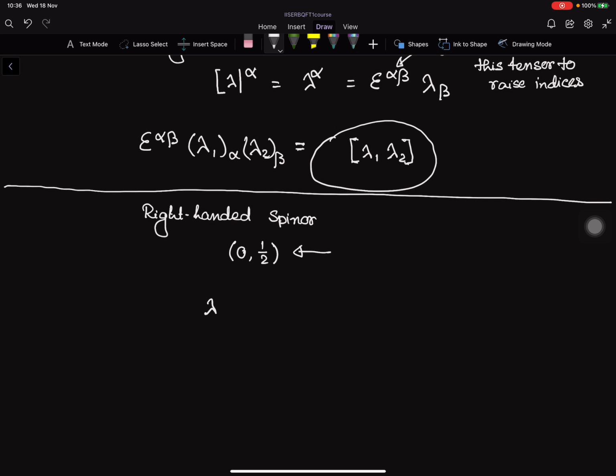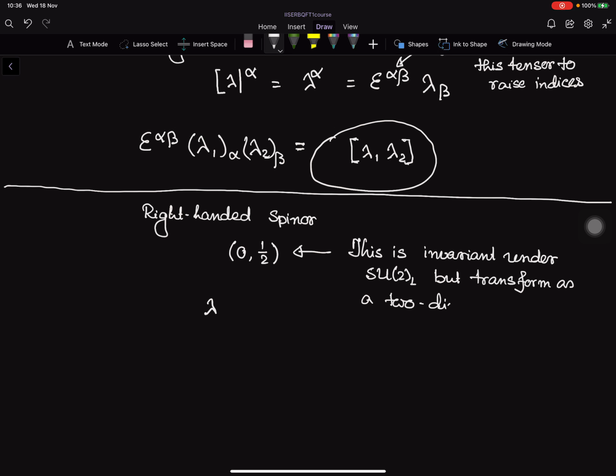This notation means this is a two-dimensional representation of SU2 right.